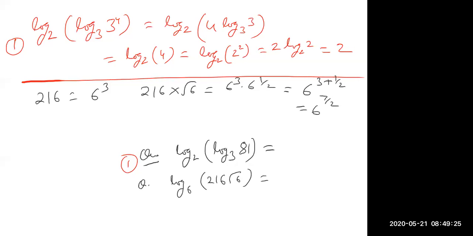So this is log_6 of 6 raised to power 7 upon 2. So this will be 7 upon 2 log_6 6, which is equal to 7 upon 2. So Kishore, I think in the second answer you have made some mistake here. The second answer is 7 upon 2.